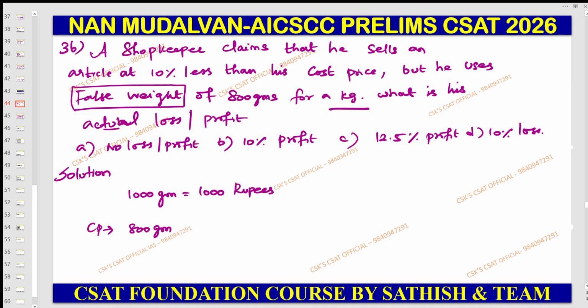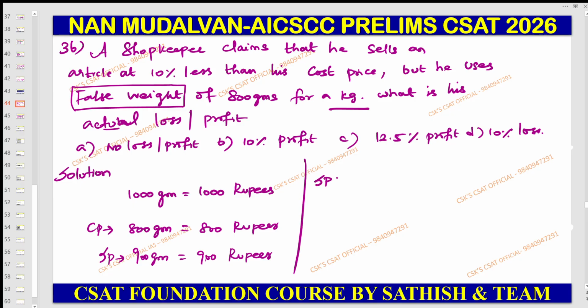So therefore cost price for him is nothing but 800 rupees only, right? So what is the selling price here? Actually he gives 10% less on the cost price, right? But he uses the false weight. So only for the 900 grams we have to calculate. So this is nothing but 900 rupees.